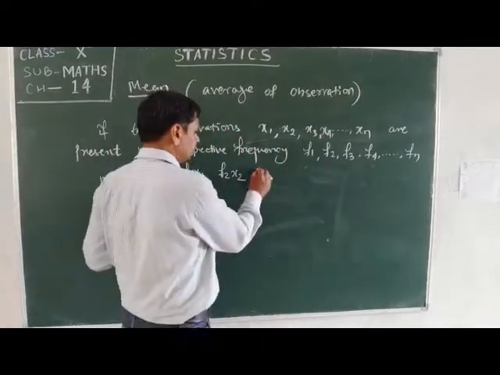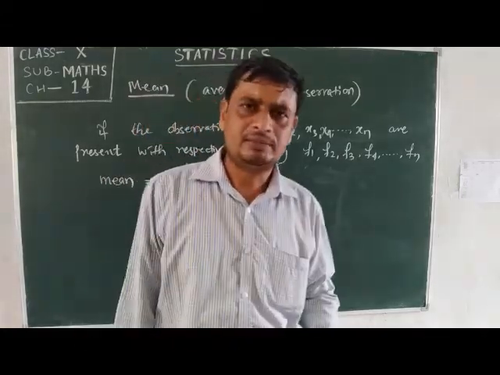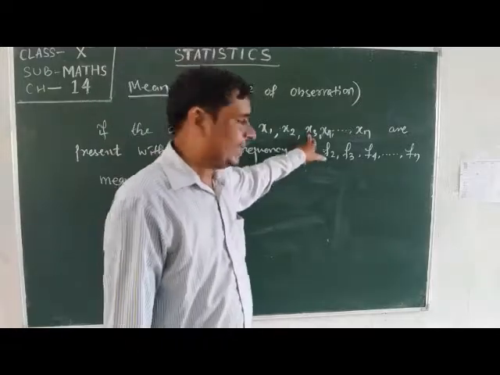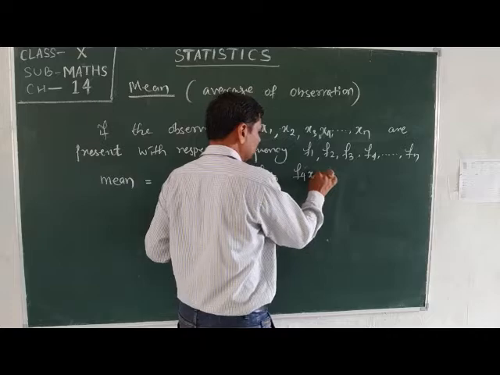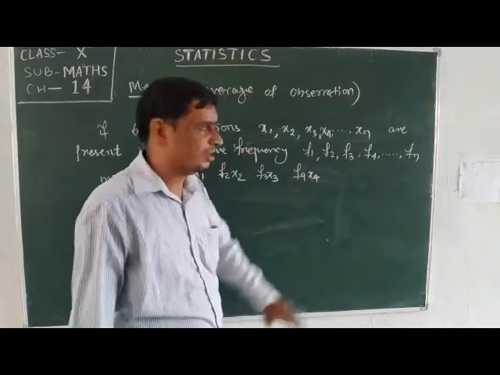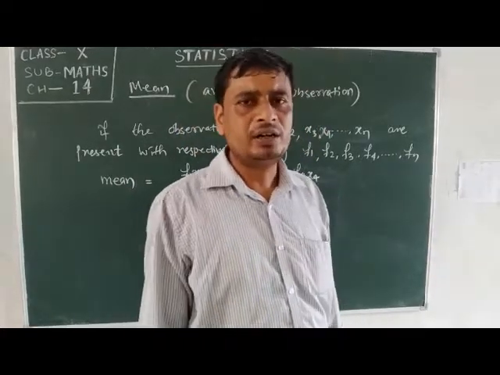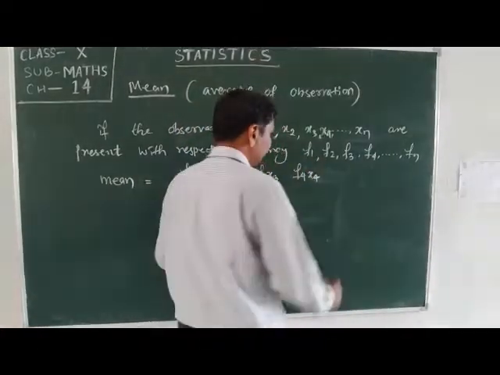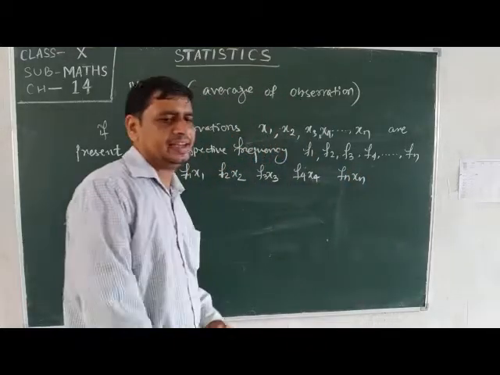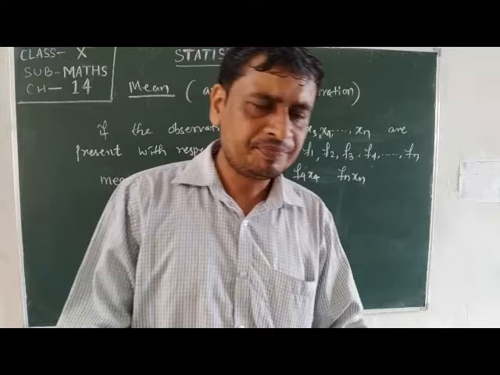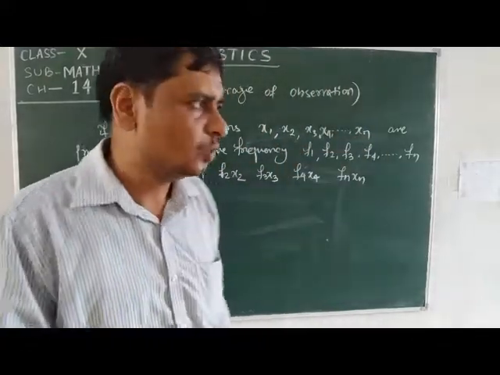Similarly, the product f3 x3 will give the sum of all the x3. Then f4 x4 will give the sum of all the x4, f5 x5 will give the sum of all the x5. In this way, the product of fn and xn will give the sum of all the xn present in the data.